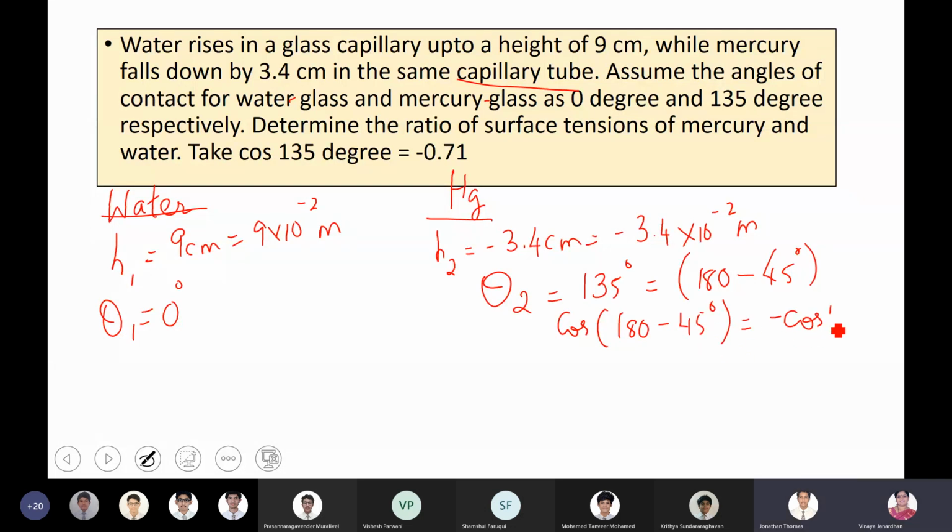Minus cos 45. Yes, ma'am. They have given it as minus 0.71.